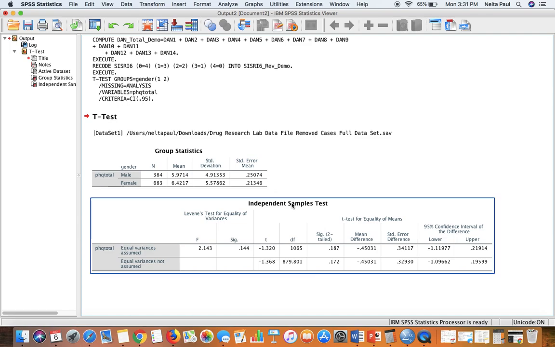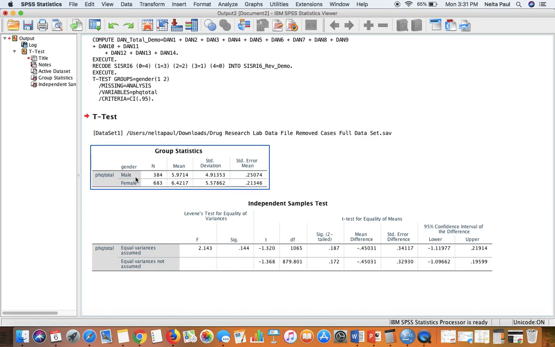For that, we have to use an independent samples t-test. Now, for the independent samples t-test, I'm going to take you through the different parts because there are various assumptions. One assumption is that you have distinct groups, that there's independence, so the people identified as male are separate from female.